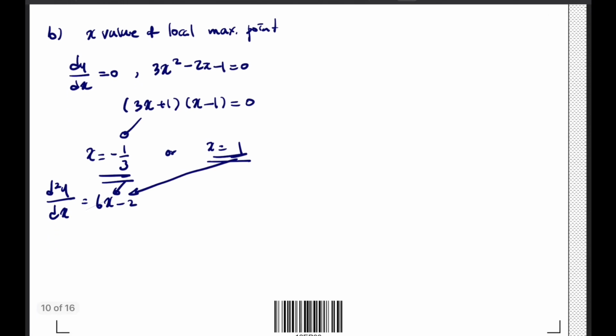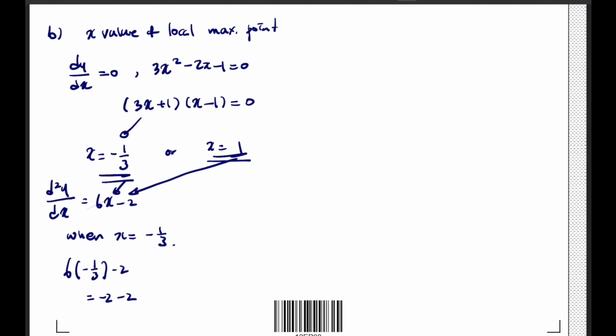When x is equal to negative 1 over 3, we get 6 times negative 1 over 3 minus 2, which is the same as negative 2 minus 2, which is negative 4. That means this value is less than 0. When the second derivative value is less than 0, we have a local maximum.